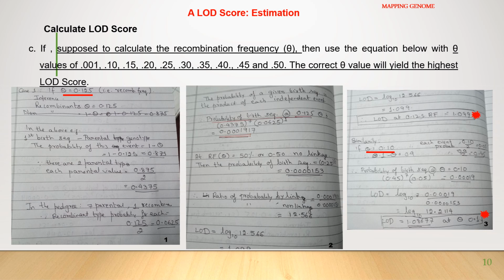Now, first case, if we assume that the theta value, that is the recombinant frequency, is 0.125.